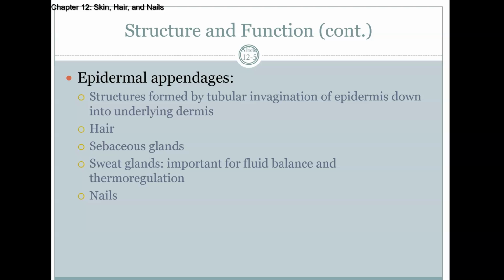So what they call epidermal appendages, an appendage is something that is almost like it's part of something, but it grows out of it. So epidermal appendages are structures that are invaginated into the epidermis, into the underlying dermis.